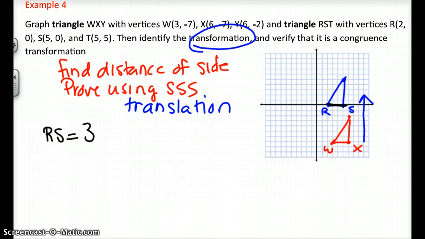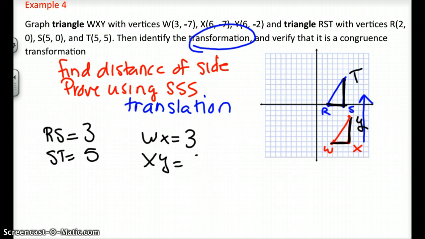The piece in the triangle below is the same, which is WX. That's the corresponding side, and that is also 3. If I cannot count them, I have to use the distance formula. I can count that one right there, which is ST, and that is 5. And what corresponds with it is, I forgot my letter there, XY, and that is also 5.